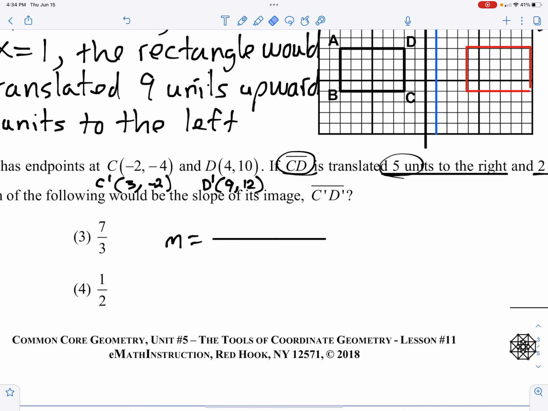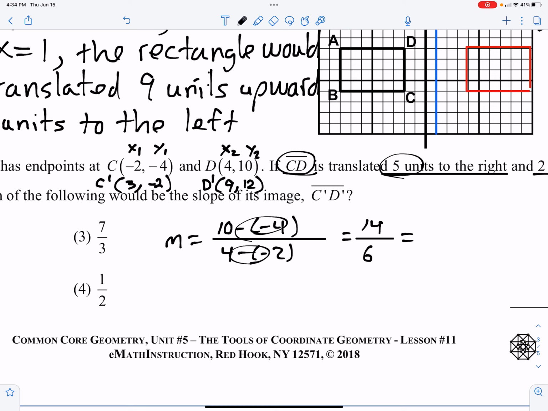Sorry, erase a little bit here. So x1, y1, x2, y2. There we go. Okay. So my slope, y2 minus y1, so 10 minus negative 4, over x2 minus x1, 4 minus negative 2, would be, again, we add, so that would be 14 over 6, which would reduce, if I divide both by 2, to 7 over 3.